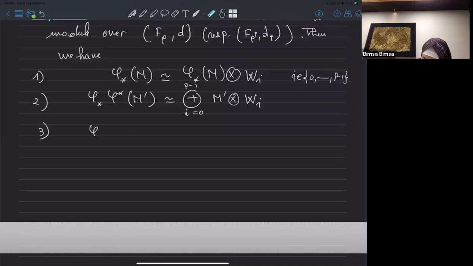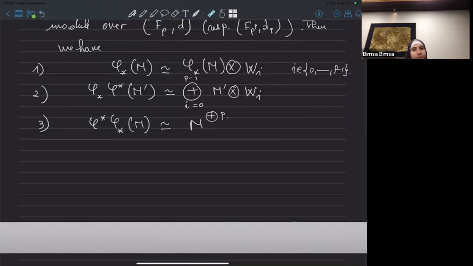And in the other sense, we pull back, after that we push forward, we obtain an isomorphism. Just I take the sum p times of M.